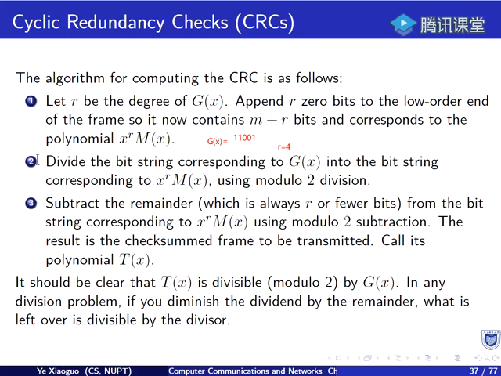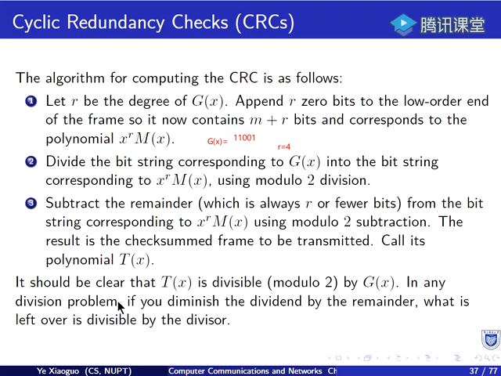Step 3, since we get the remainder on step 2, then we subtract the remainder from the bit stream corresponding to x^R M(x) using modulo 2 subtraction. The result is the checksum frame to be transmitted. Call this polynomial T(x).